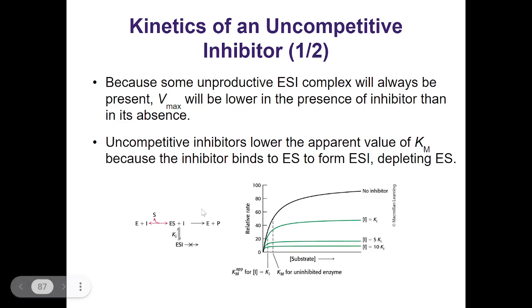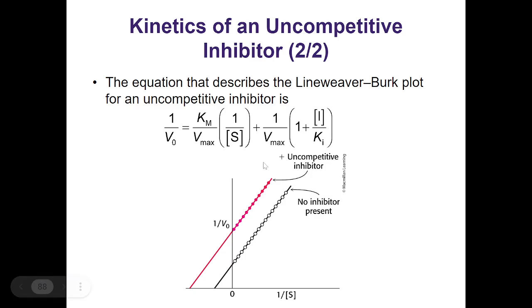Note, however, we can no longer go to product, so our Vmax lowers, and our Km lowers. Or I should say the apparent Km value will actually be a lower value. Sorry if I confused anyone. So the Vmax lowers. Yes, the Vmax lowers. The Km is going to, yes, decrease.